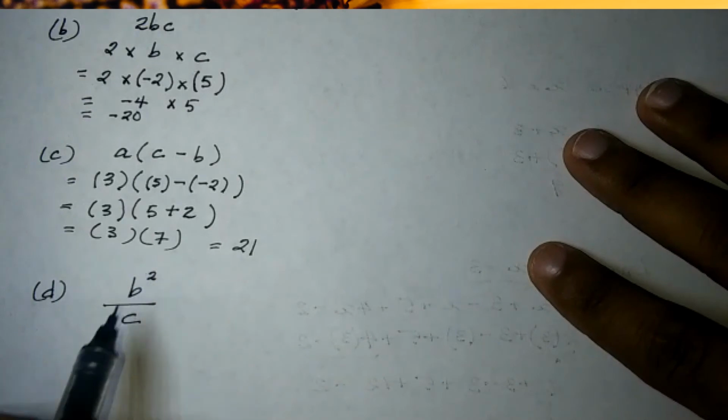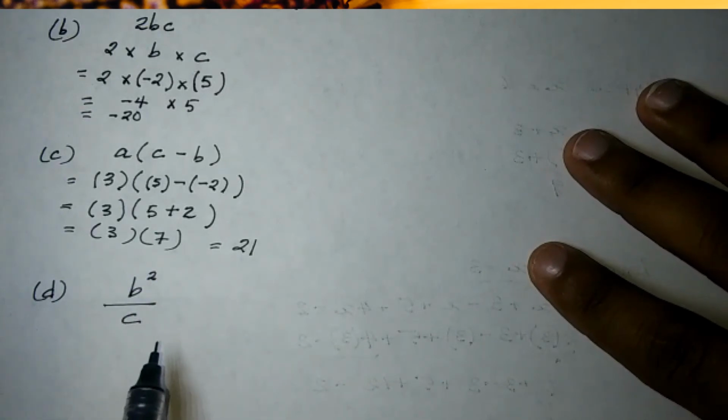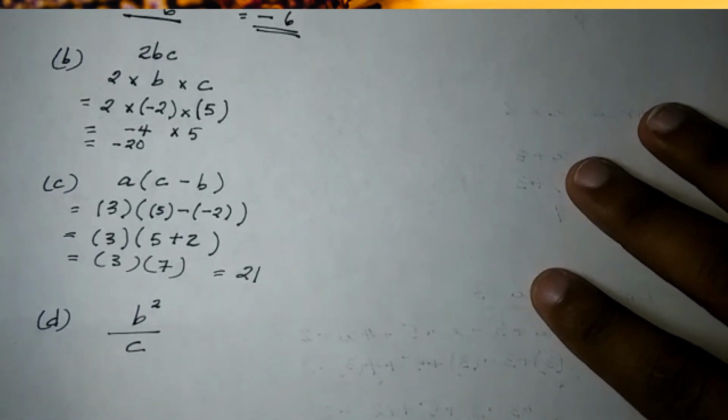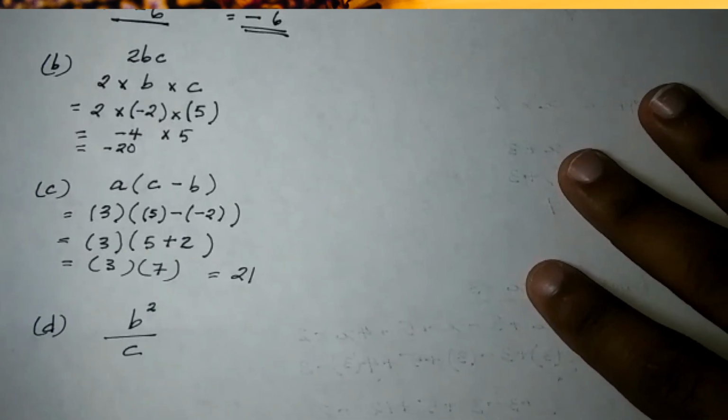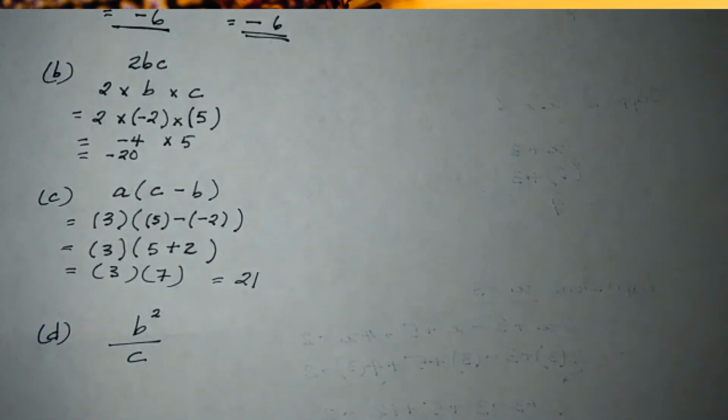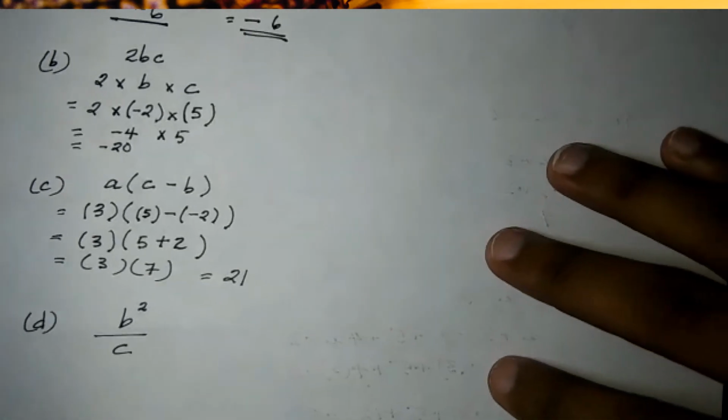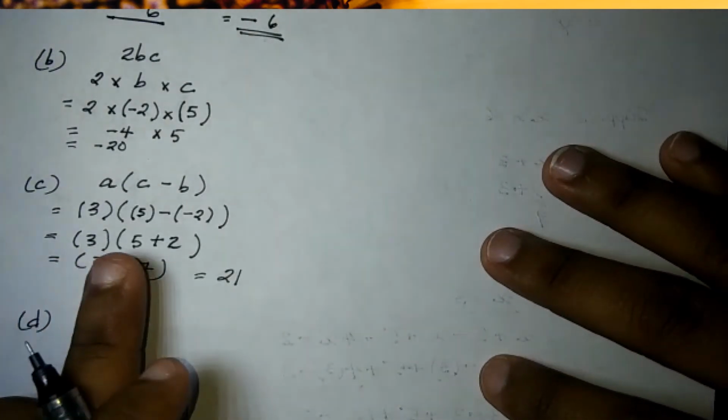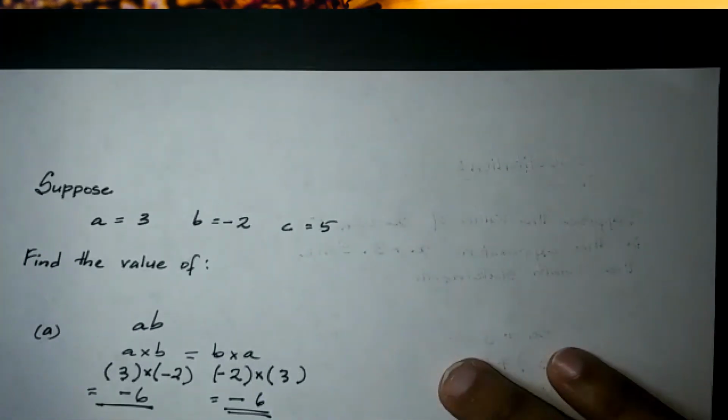B squared all over C. Now remember, substitution means to replace something with something else, its actual value. So we need to find the value of B. Well, it's negative 2.